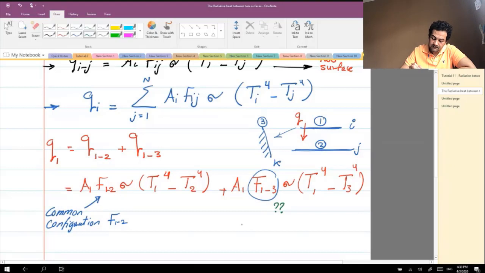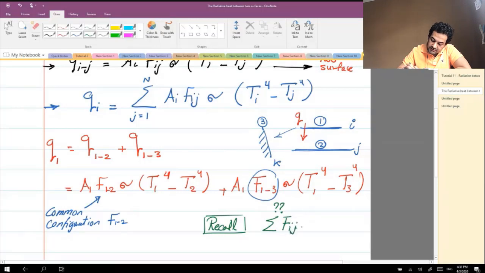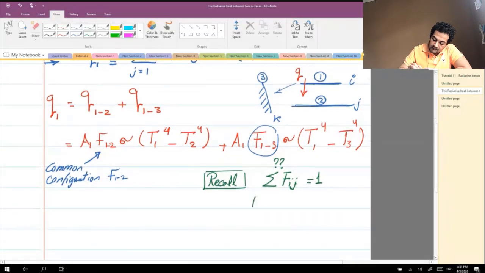Let's recall the equation that I told you at the beginning: the summation of F_ij is equal to 1. So F_ii plus F_ij plus F_ik is equal to 1.